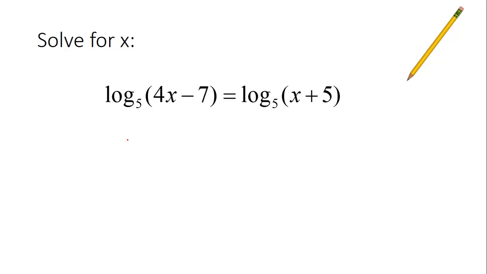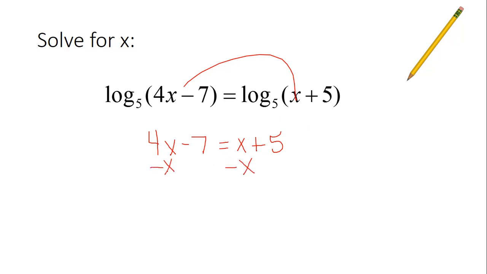Because if it was log base 5 of 20 equals log base 5 of 20, that would be equivalent, right? So honestly, all I care about is what x value will make the two insides equivalent. That's what I'm checking for. So I'm going to solve for x.